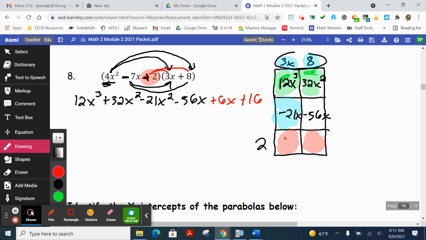Okay. Add up all your like terms. So here's an x cubed. There are no other x cubes. So that we're going to drop down. And then we're done with this guy. We do have a few x squareds. So here are the x squareds that we're going to combine. So we have 32 here, take away 21 of those. That leaves us with 11x squared terms.